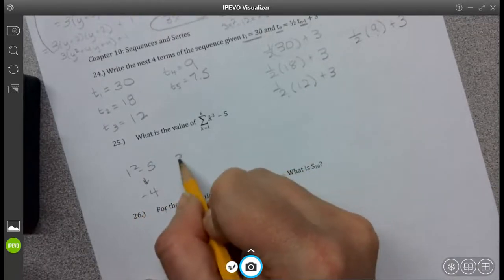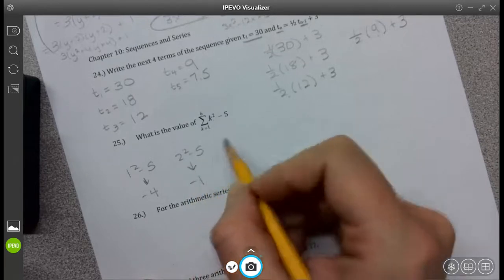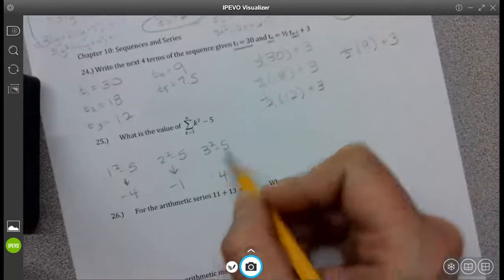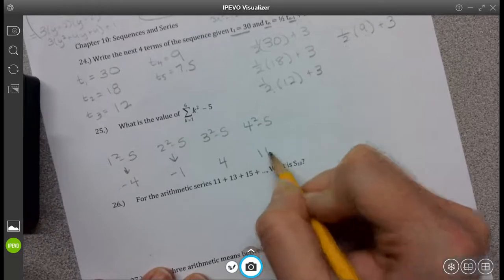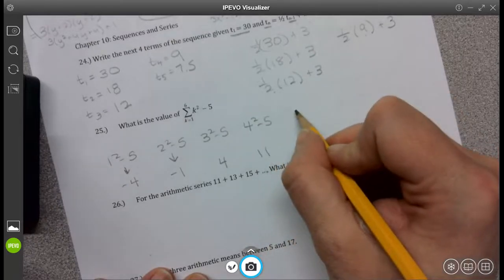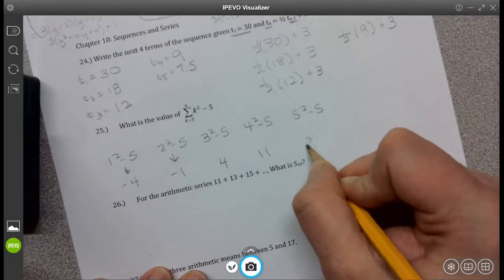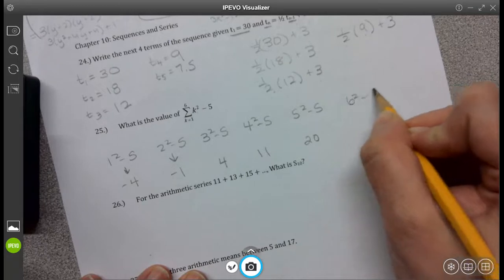Then I'm going to put 2 in here. Then I'm going to put 3 in here. Then I'm going to put 4 in here. Then I'm going to put 5 in here. Then I'm going to put 6 in here.